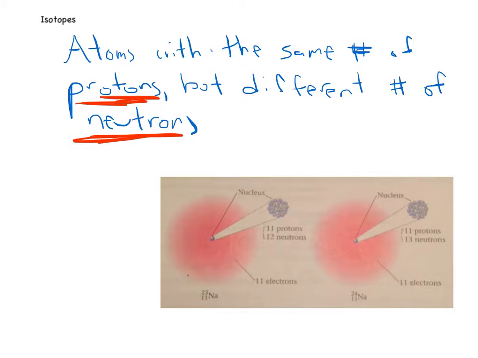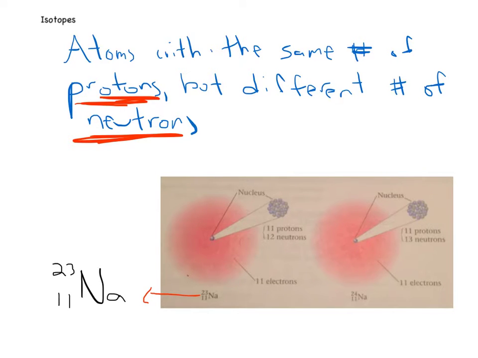Alright, so if you look here at the bottom, this is the way that we write isotopes. We can expand our chemical symbols now. Remember, we talked a few videos ago about the symbols for the elements. Now let's take a look in particular at the way this is written. They write the symbol, and then there are two numbers here.